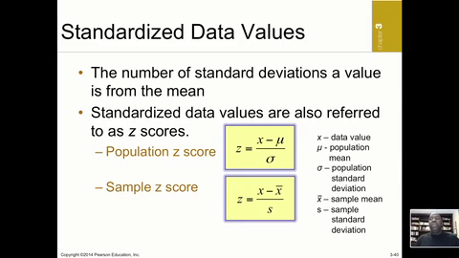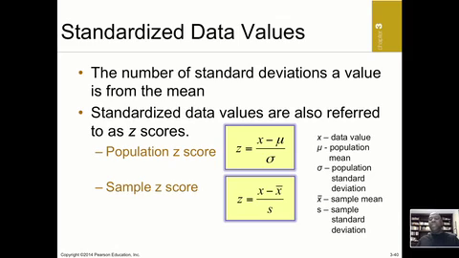So I would divide that 200, or however many inches I threw that rock, by 12. That would allow me to express all the values in feet. So maybe I'm using a foot as the unit that I'm interested in. That's how I would standardize all the distances. Well, here we want to standardize the distances in standard deviations, hence the term standardize. So Z would allow us to take all those distances and express them in standard deviations.